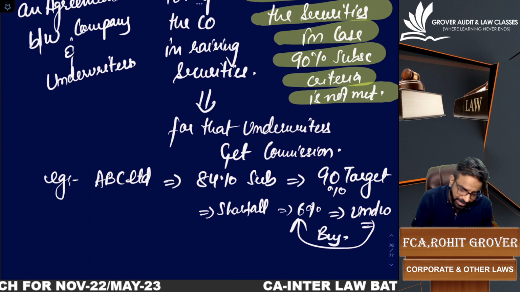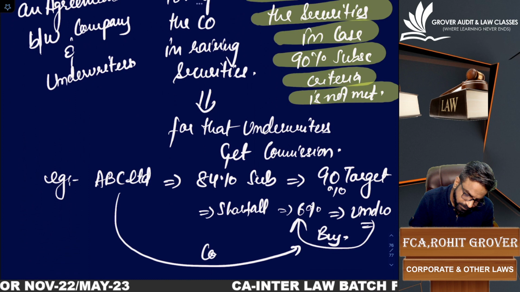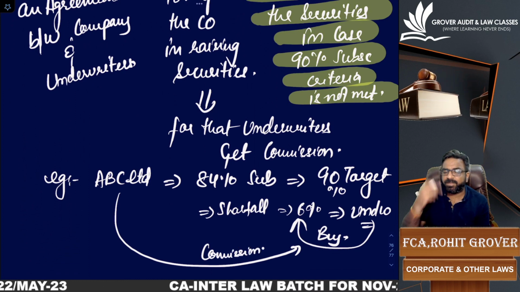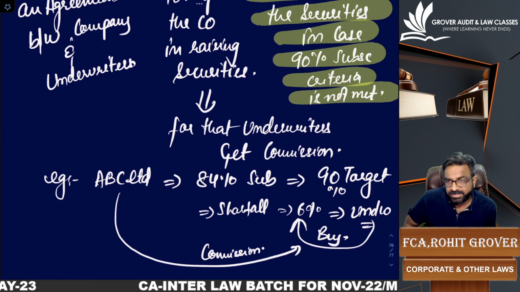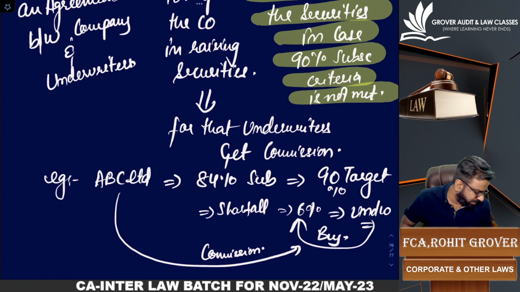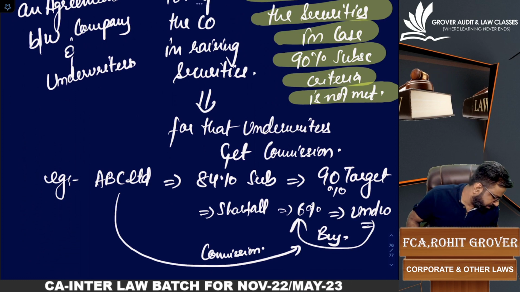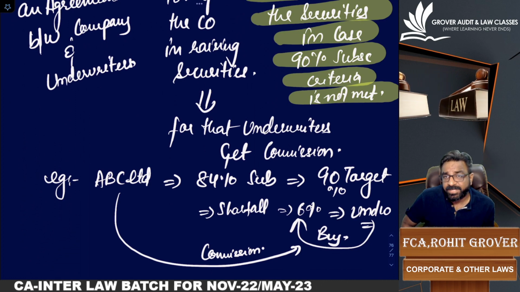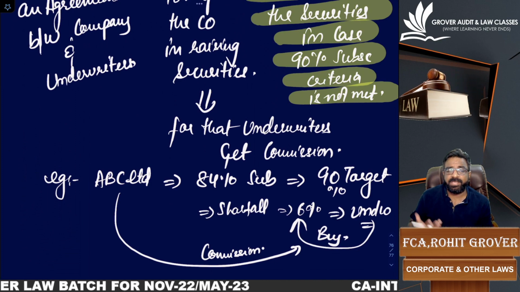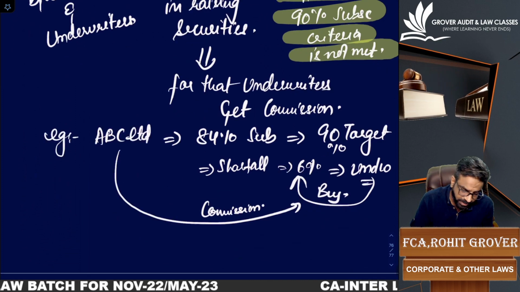For that, what will the company pay to them? Commission. Because they are taking the risk of the company, or not? Yes, sir. So when we take an insurance policy, do we pay the premium to the insurance company? Yes, sir. Same is the case. We are paying the premium to underwriters, because they are taking my risk. I hope you all understood the concept.